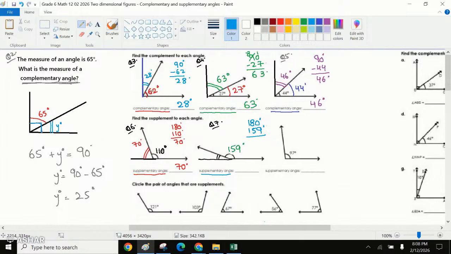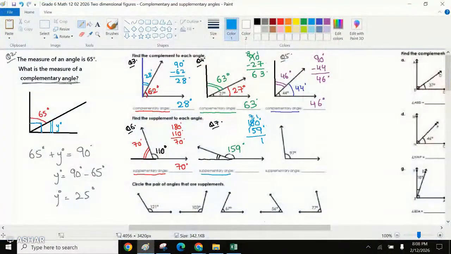So 180 minus 150 would be 30, and 30 minus 9 is 21. Therefore, the supplementary angle of 159 is 21.